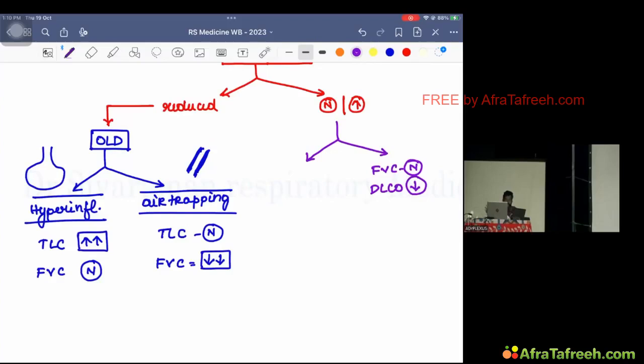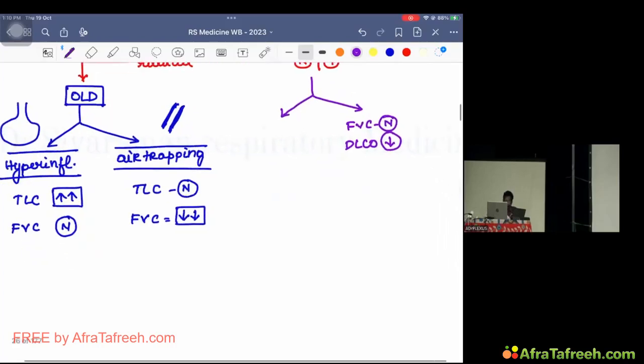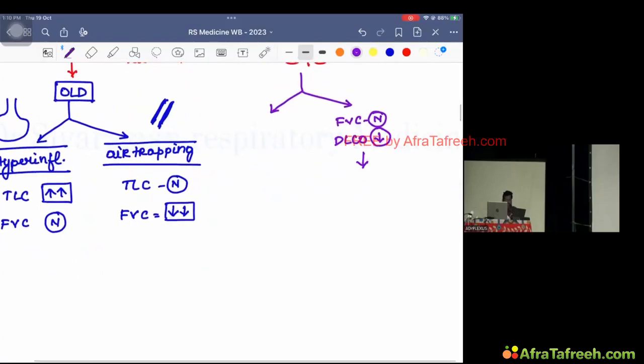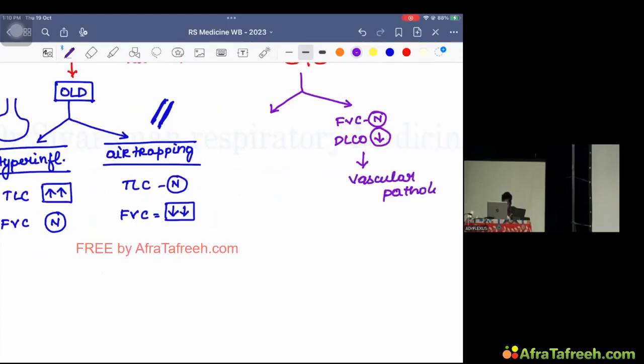FVC is normal means the airway is normal, but DLCO is decreased. It should be vascular pathology, right? It should be either pulmonary embolism or pulmonary hypertension.